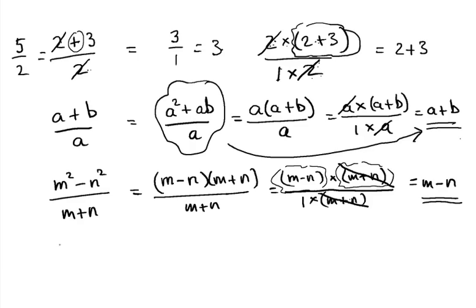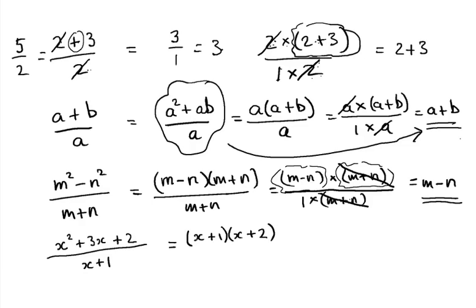And of course, you'll know too about quadratic expressions. We could have x squared plus 3x plus 2 over x plus 1, for instance. No factors yet in the top line, no factors in the bottom line. This is a sum of terms. But if you know how to factor quadratic expressions, factoring this top expression gives x plus 1 times x plus 2, you can check it.